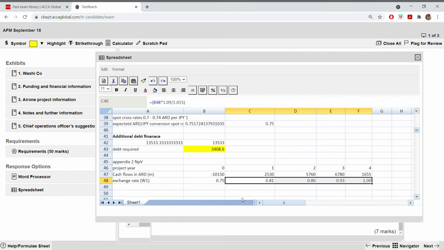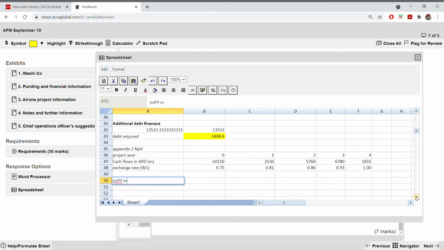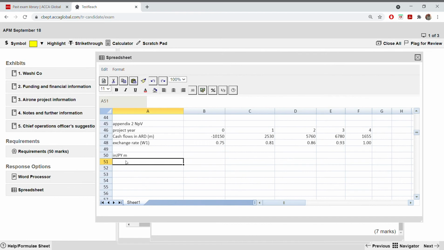Next, in Japanese yen, million. Cash flows.